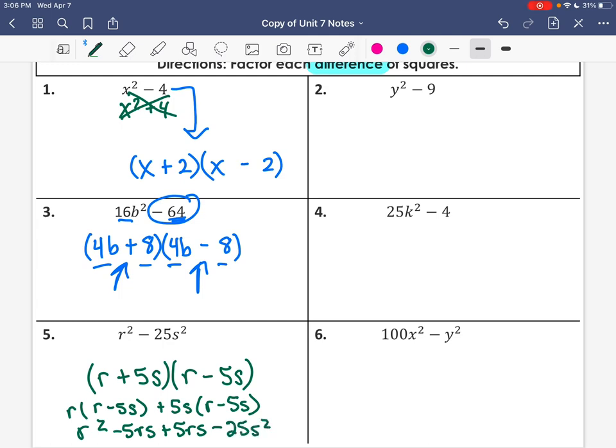And then you can see right here that we've got a minus 5rs and a plus 5rs. So this would zero out and we would just have r squared minus 25s squared. So it does give you the right answer.